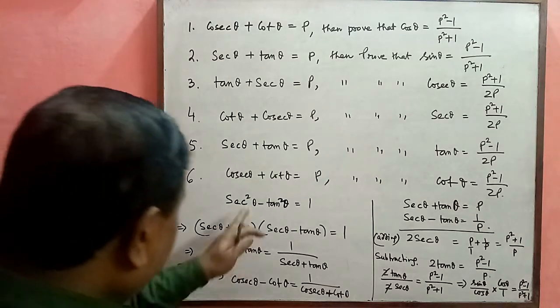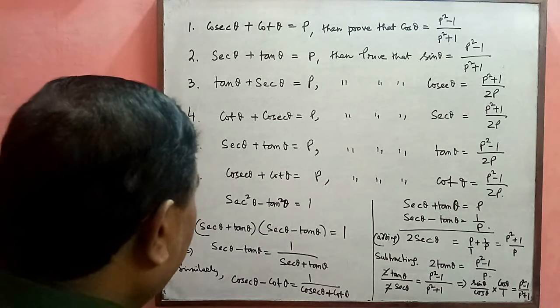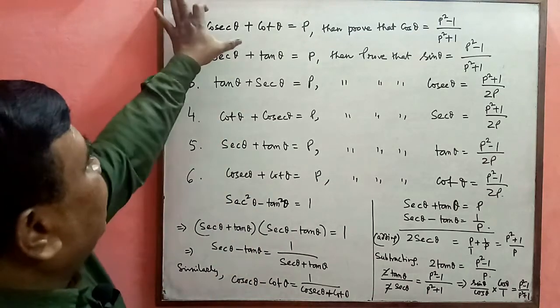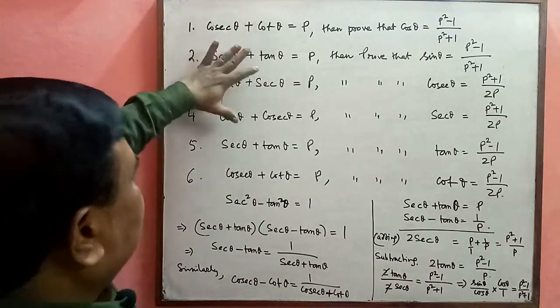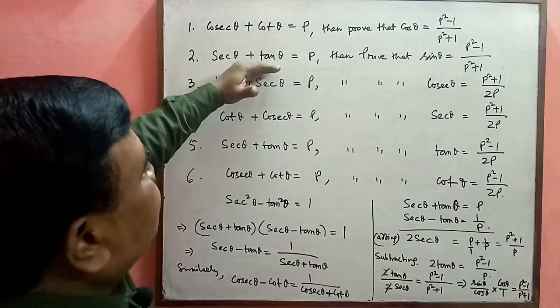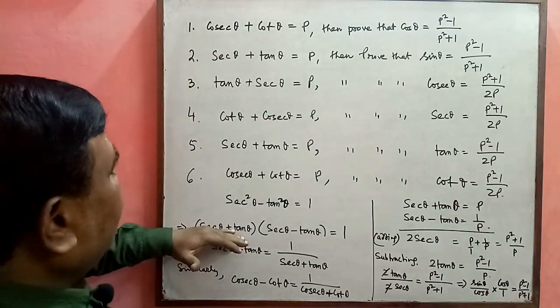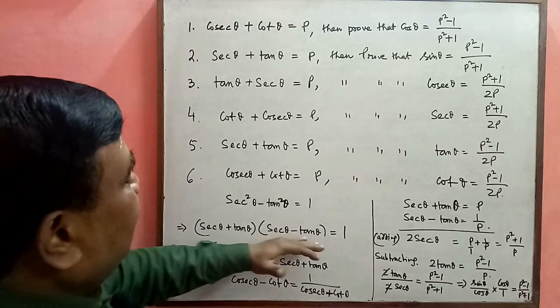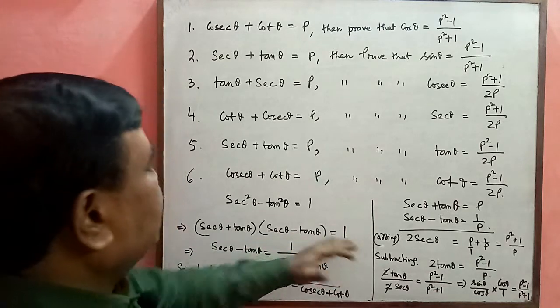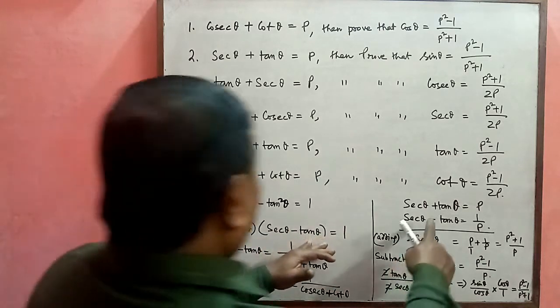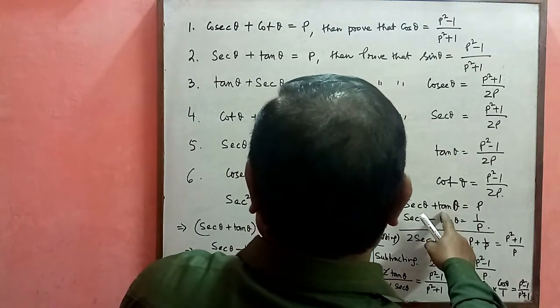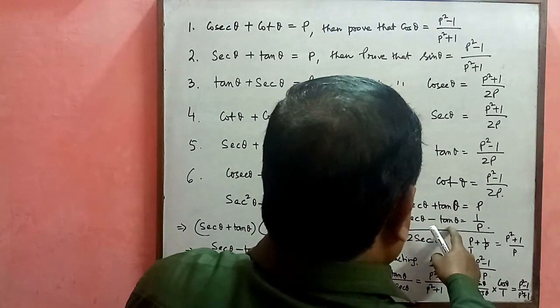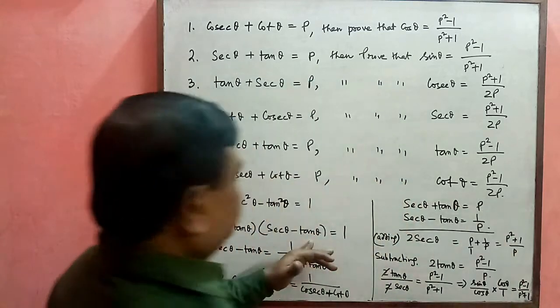Now, if I put the value here, what is given, either of these two, let's take this one, sec theta plus tan theta is p, into sec theta minus tan theta is equal to 1. So sec theta plus tan theta will be p, sec theta minus tan theta will be 1 upon p.